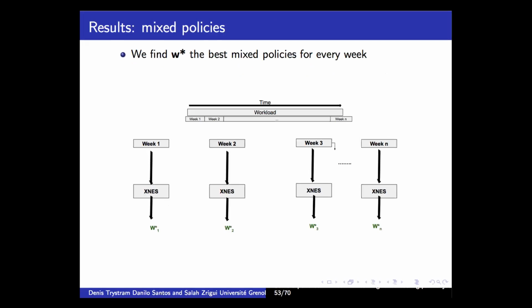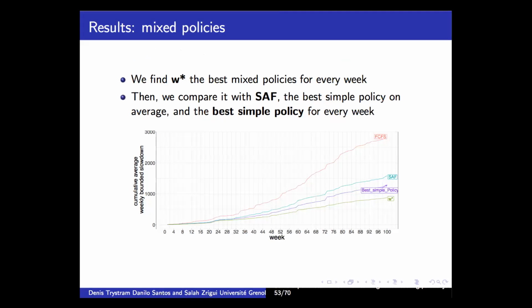More precisely, for each week we perform our simulations and we optimize them, for instance, using the exponential natural evolutionary strategies, XNES, and from that we obtain the optimal for each week. And after obtaining the optimal, we compare the results.